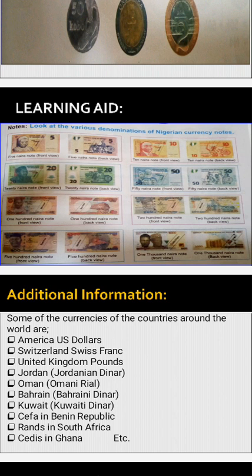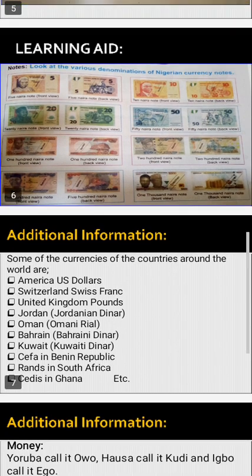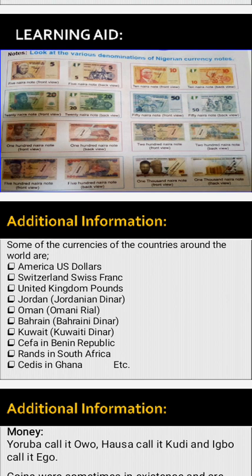All right. The additional information I have for you here is that some of the currencies of the countries around the world are American US dollars, Switzerland Swiss franc, United Kingdom pounds, Jordan Jordanian dinar, Oman Omani riyal, Bahrain Bahraini dinar, Kuwait Kuwaiti dinar, CFA in Benin Republic, rands in South Africa, cedis in Ghana, and so on and so forth.